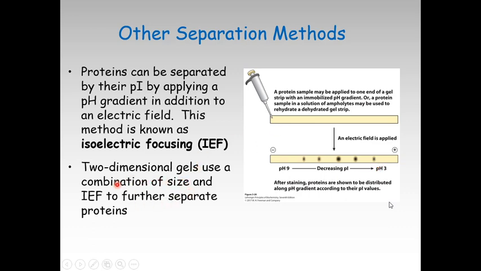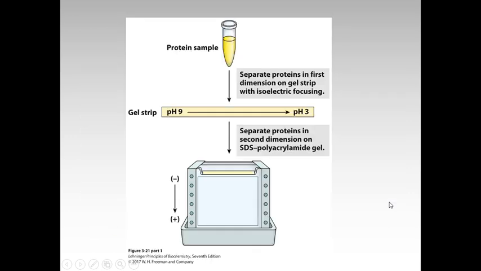Two-dimensional gels use a combination of size and IEF to further separate proteins. In two-dimensional gel electrophoresis, proteins are first separated by isoelectric focusing in a thin strip gel. This gel is then laid horizontally on a second slab-shaped gel, and the proteins are separated by SDS polyacrylamide gel electrophoresis.